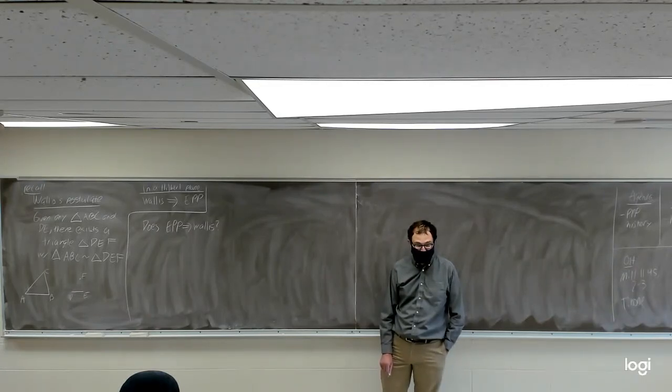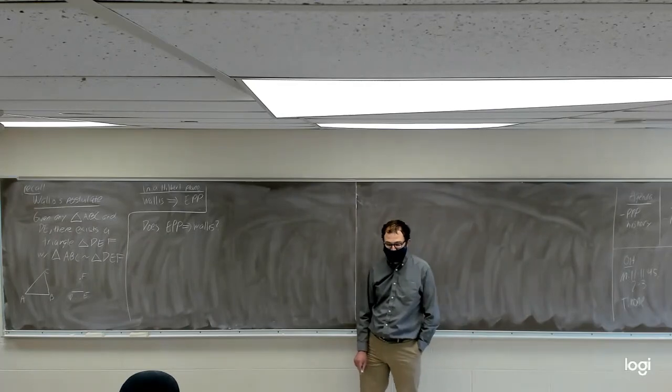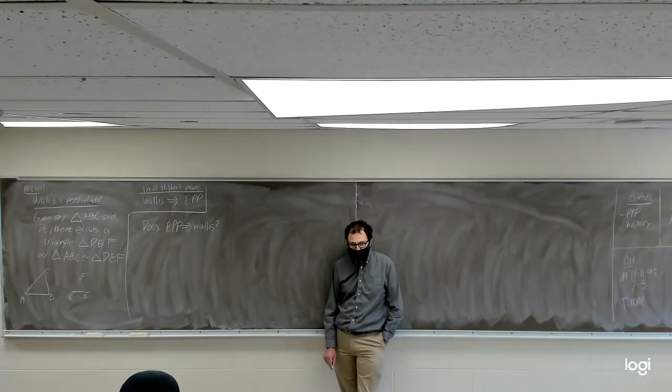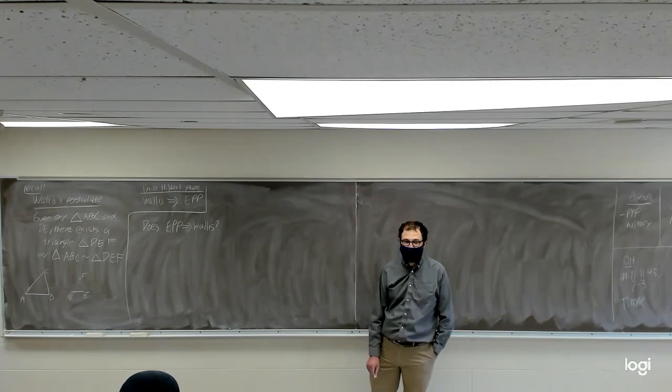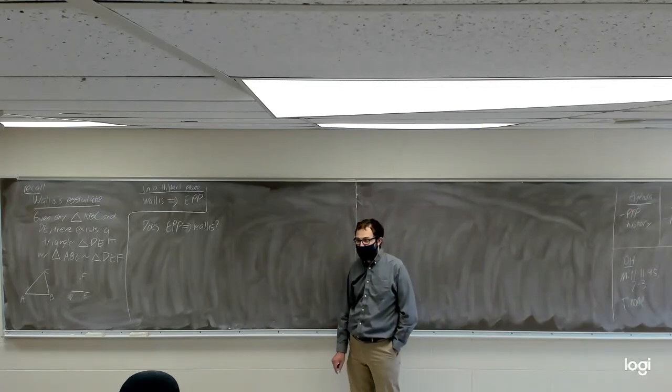You could have a triangle that's 181 and then another one that's 182. I don't know if Wallace's postulate would still hold in that case, because it doesn't guarantee that triangles all have 180 degrees. So I question whether that would work in a non-semi-Euclidean space.